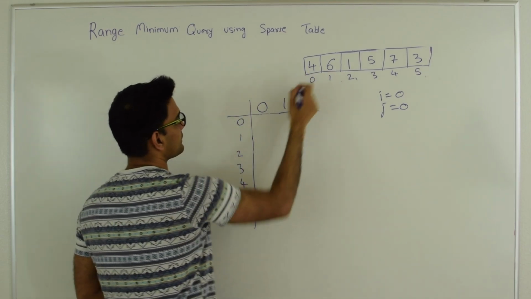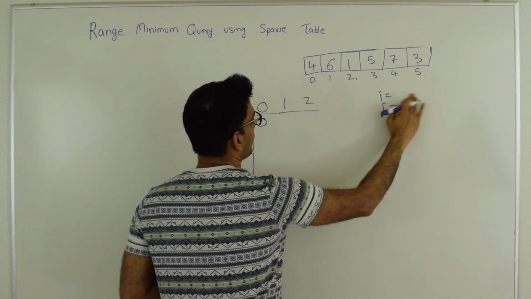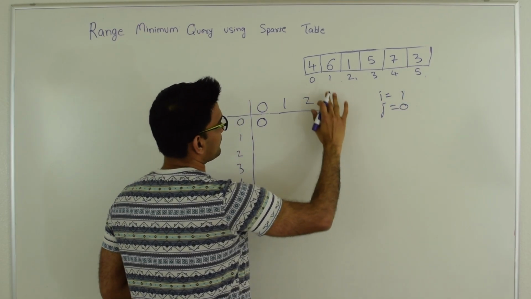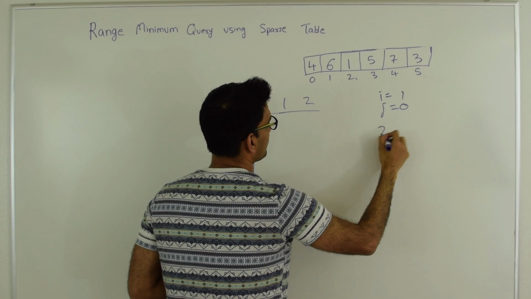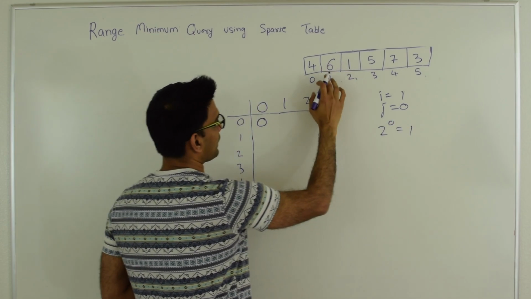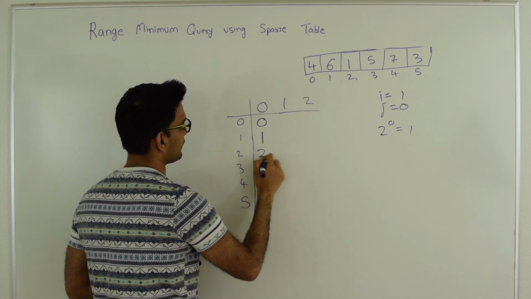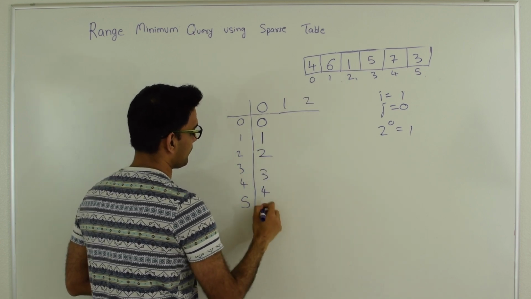That value is 4, index of 4 is 0, so this becomes 0. Similarly, starting from 1, we are looking for the minimum of next 2 raised to 0 elements, which is 1. So next 1 element, which value is 6, index of 6 is 1. Similarly, 2, 3, 4, 5.